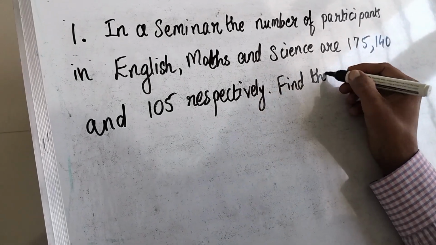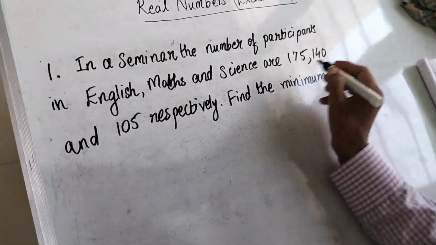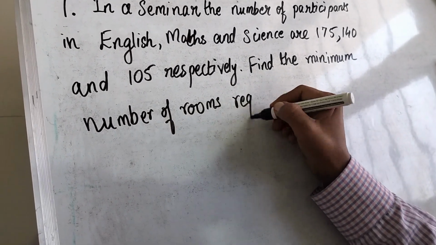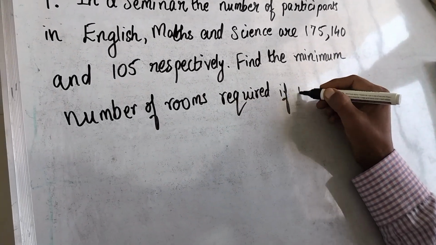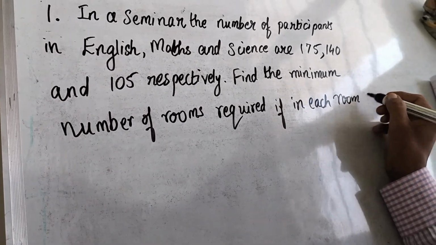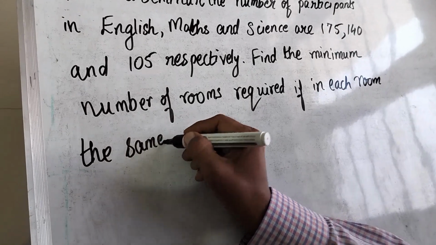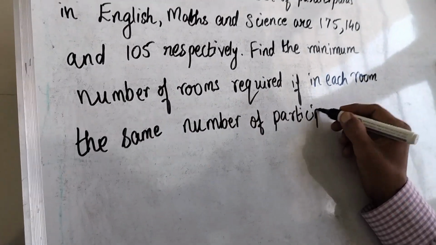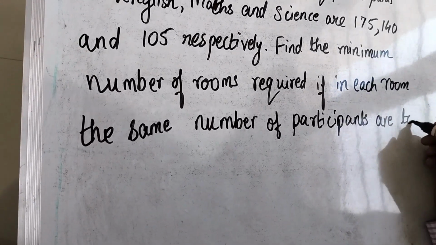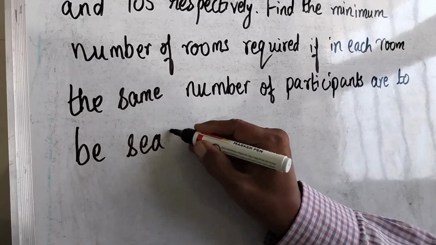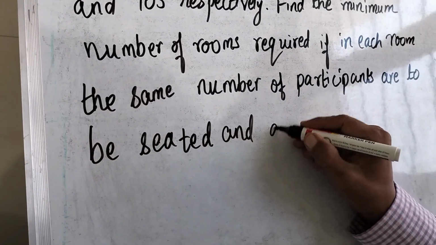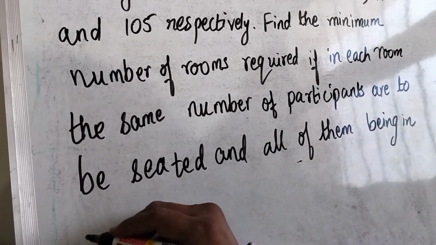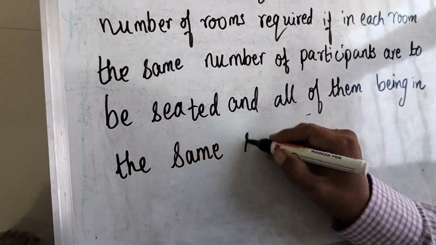Find the minimum number of rooms required if in each room the same number of participants are to be seated and all of them being in the same subject.